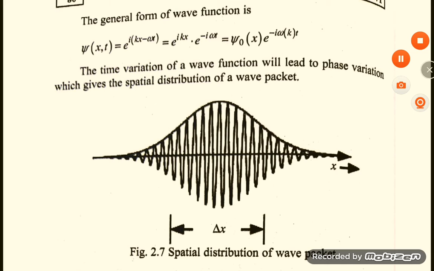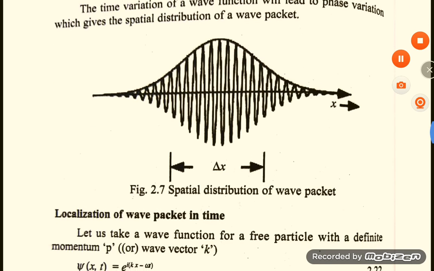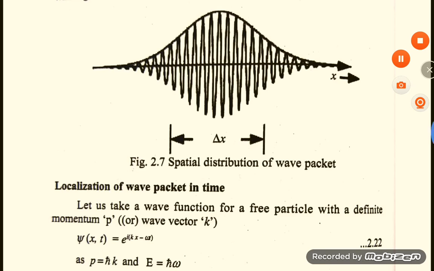So the time variation of the wave function leads to the phase variation, and when the phase variation changes, the spatial distribution of the wave packet also changes. This can be shown in the figure. Just observe this figure: how the spatial distribution changes with time.